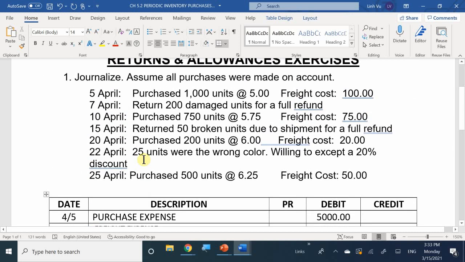So then what happened next? Purchase expense. Okay. For the 750 units at $5.75 each, with a freight costing you $75.